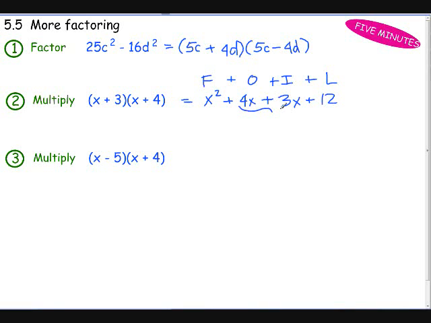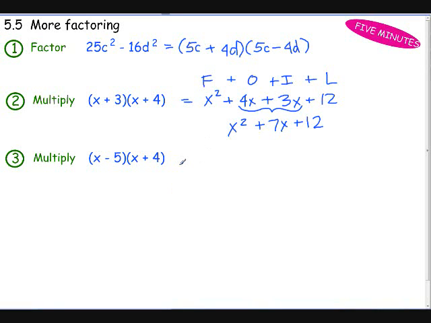Combine like terms. And there we have it. A quadratic trinomial with a leading coefficient, yes, of 1.